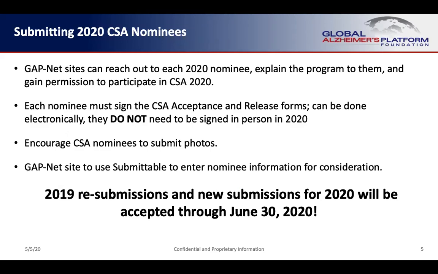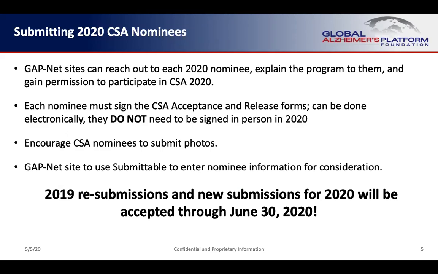For submitting 2020 CSA nominees, GapNet sites can reach out to each 2020 nominee, explain the program to them, and gain permission to participate in CSA 2020. Each nominee must sign the CSA acceptance and release forms. This can be done electronically. They do not need to be signed in person in 2020.